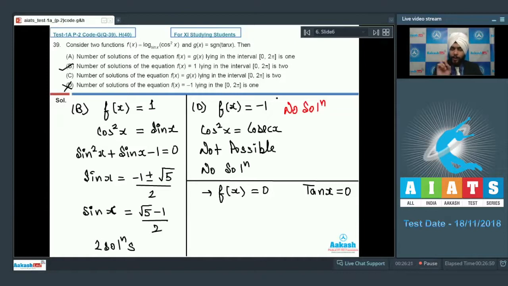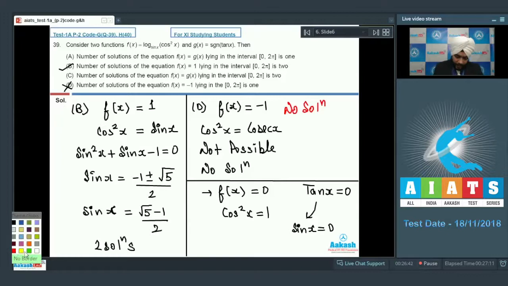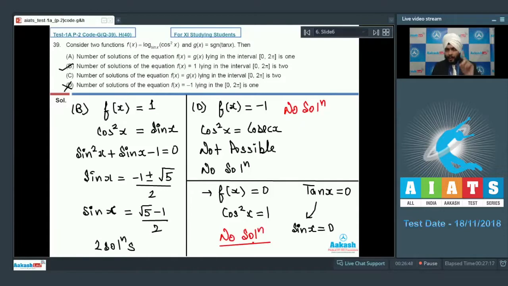If f(x) is 0, there is only one possibility, cos square x equal to 1. But students, if tan x is 0, sin x has to be 0. And sin x is present in the base of the logarithm, so it can never be 0. So no solution from there. Again, minus 1 was already ruled out. 0 is also ruled out.